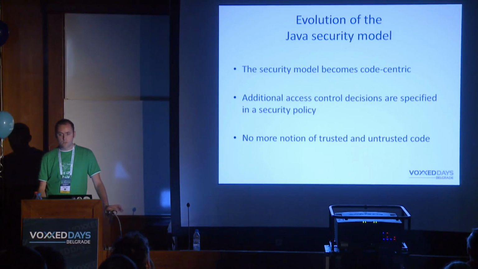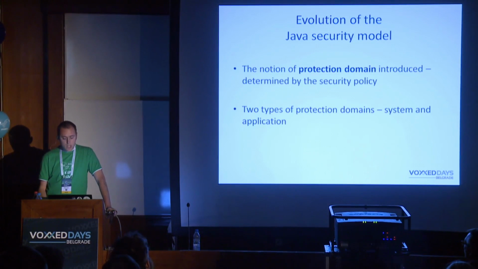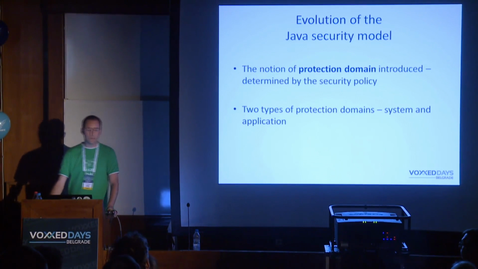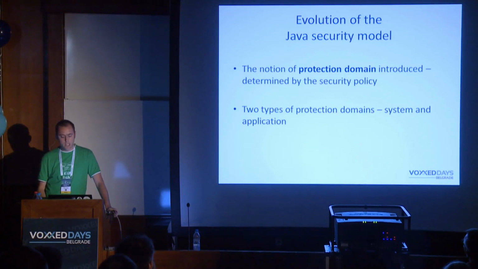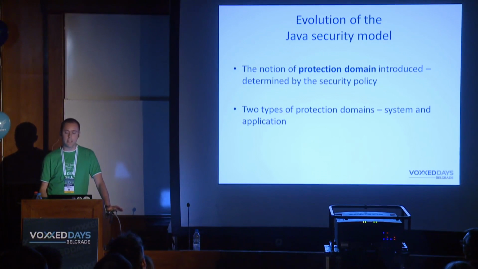And there is no more notion of trusted and untrusted source code. But still, there is a new thing introduced in JDK 1.2, and that's the notion of a protection domain. So we have two particular types of protection domains. These are system and application protection domains.